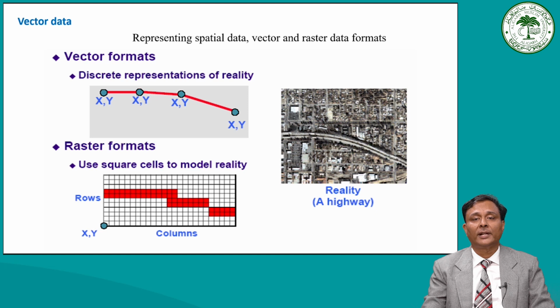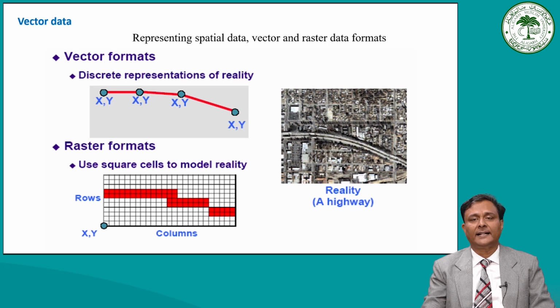They are also known as vertices that define the shape of the spatial object. The organization of the vertices determines the type of vector that we are working with. It can be point, it can be line, or even polygon, which we may also call area.